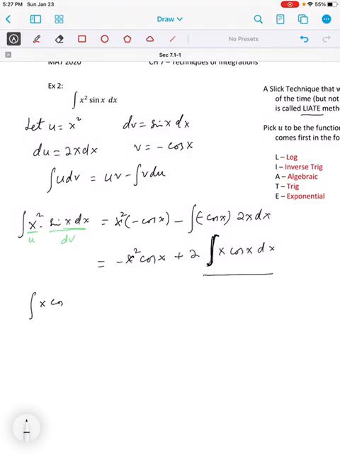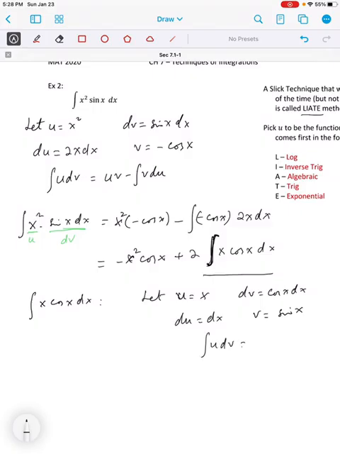So what I recommend is we pick x cosine x dx, write it over here and work with this. Now for this one, again I'll say let u equal, going back to our trick, we will take u to be x and dv to be cosine of x dx. So that du is dx and v is going to be sine x.